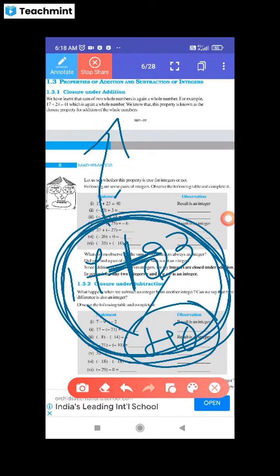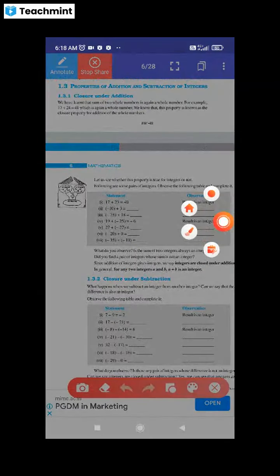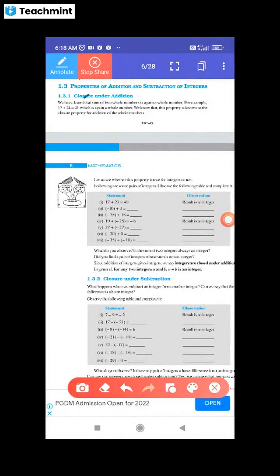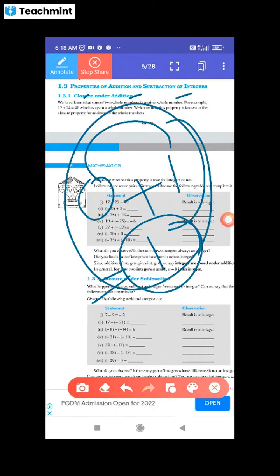See here. We have learned that the sum of two whole numbers is again a whole number. 0 is a whole number and 1 is also a whole number. If you add these two, you will get the answer 1. 1 is also a whole number. So this property we can consider as closure property of whole numbers.